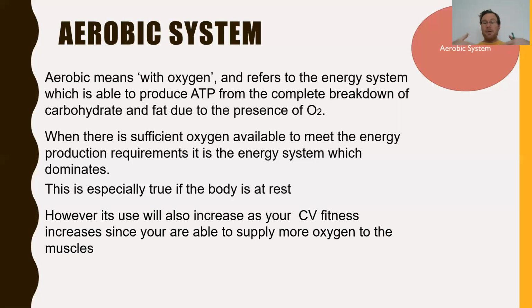This would be using my aerobic system to a much greater extent. Where I'd walk in, I'd probably be using mostly fats as my energy source. As I work harder, I start to use carbohydrate a little more as an energy source. And so the faster breathing shows that I'm starting to max out my aerobic system.